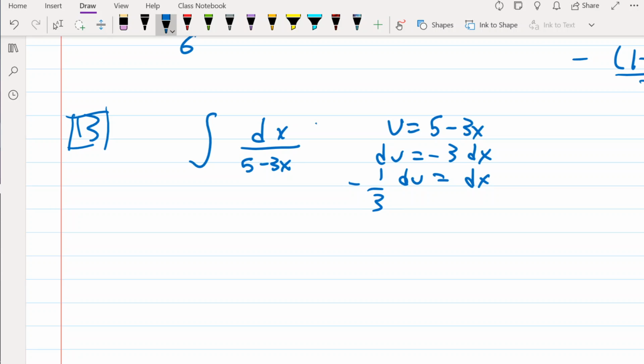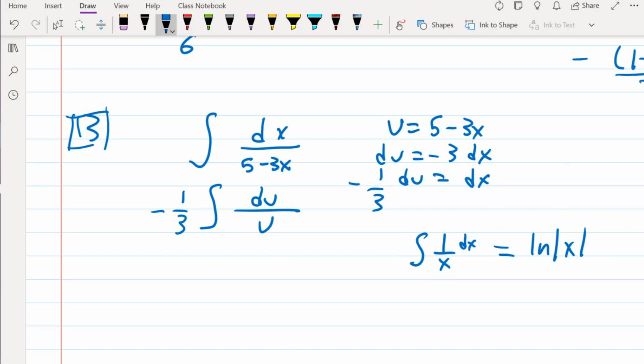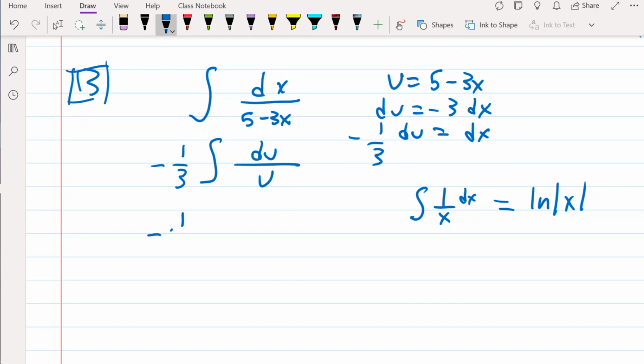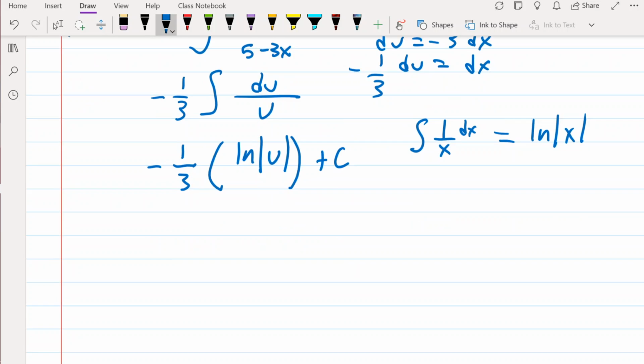Then we simply substitute in and take the opposite 1 over 3 out to the front. Because the integral of 1 over any value x dx is equal to ln of that value, this will be opposite 1 over 3 times ln of u, and then we substitute back in for u.